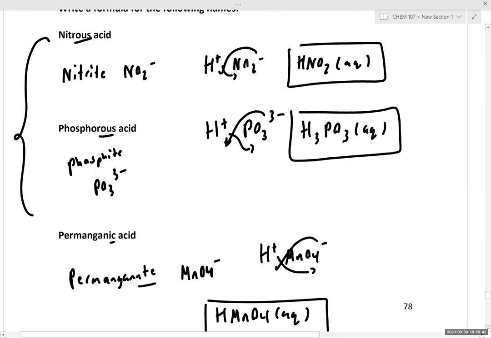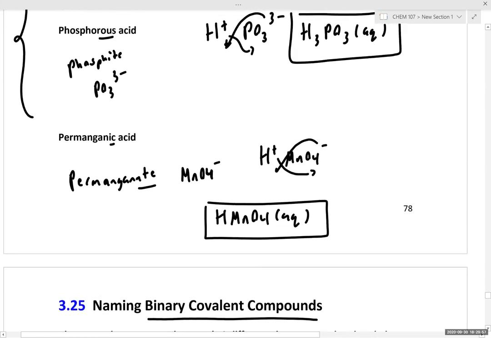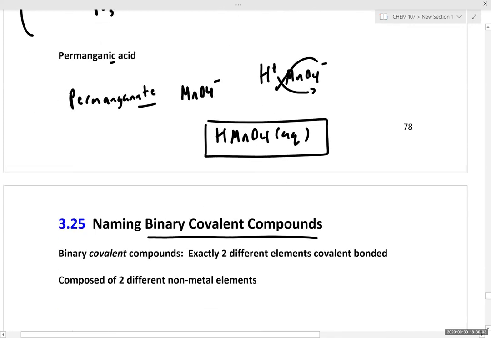Oh, okay, I saw it wrong. Yes, so because phosphite has a 3 minus charge, we need 3 hydrogens in the formula to balance it out. Permanganate only has a -1 charge, so we only need 1 hydrogen. Got it. Thank you.